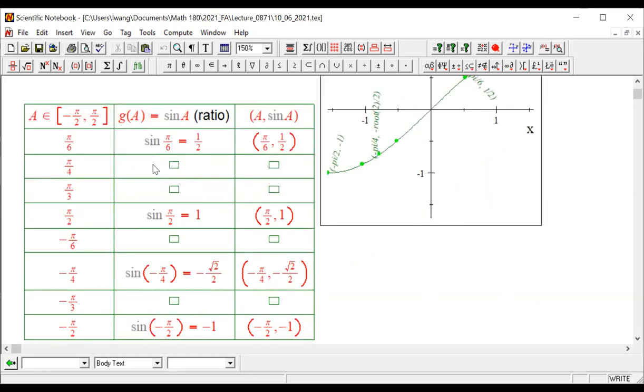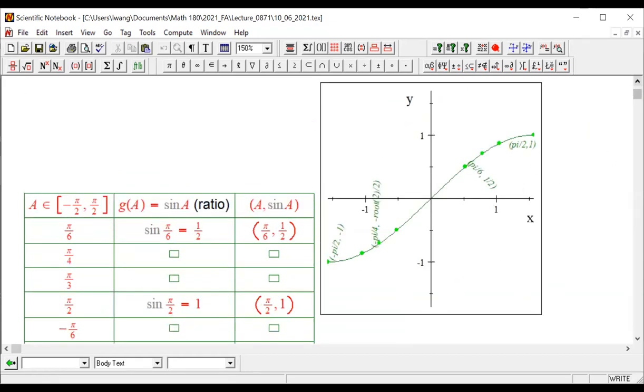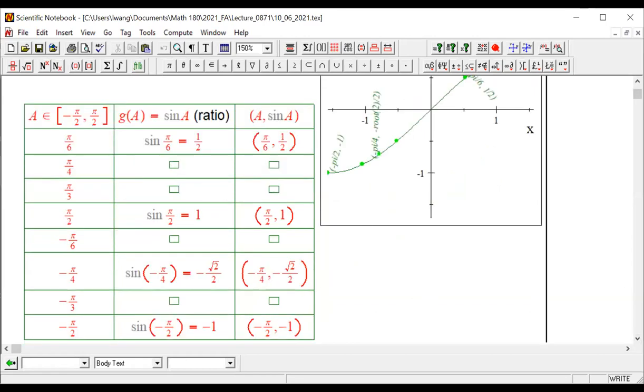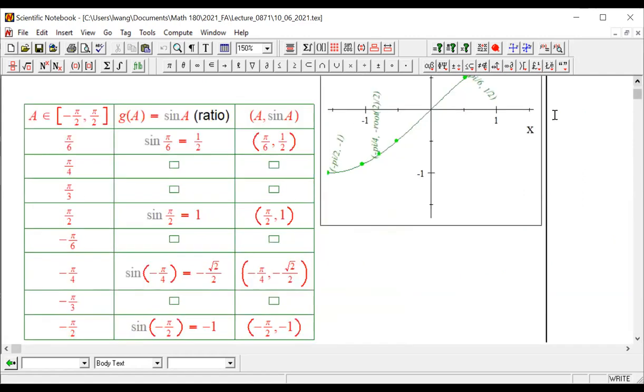How about the inverse, right? That's what we want to get to. The inverse function, right? So I'm going to put these 2 tables next to each other.